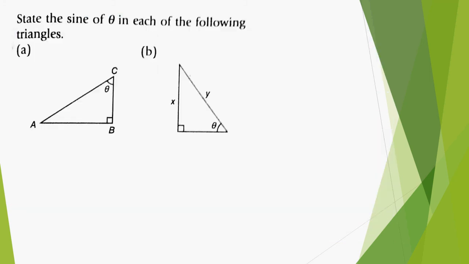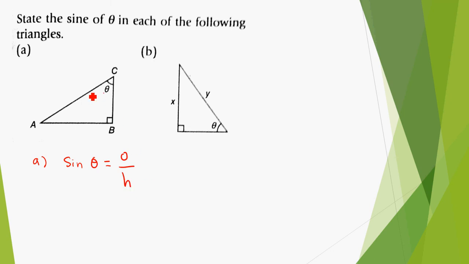Next example. State the sine of theta in each of the following. For question A, sine theta is equal to opposite over hypotenuse.